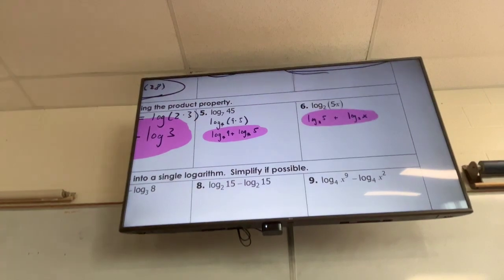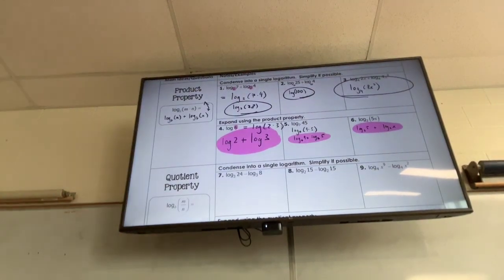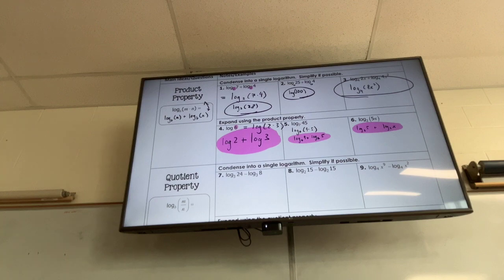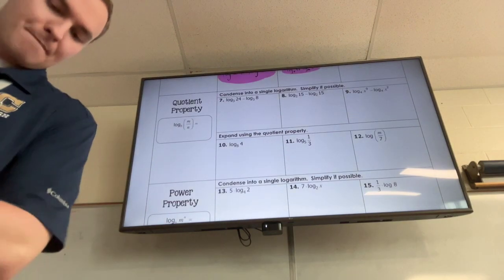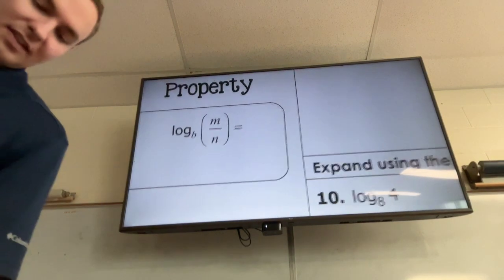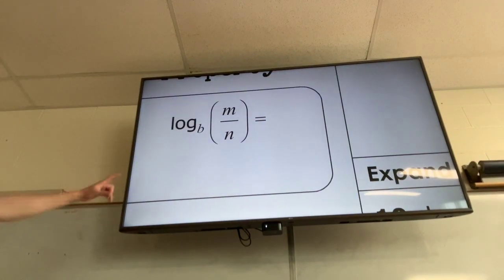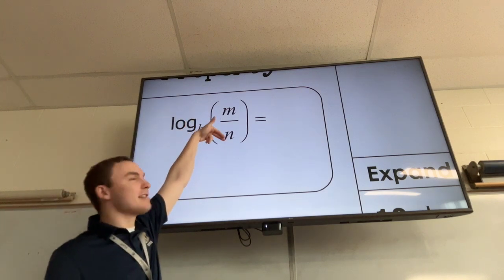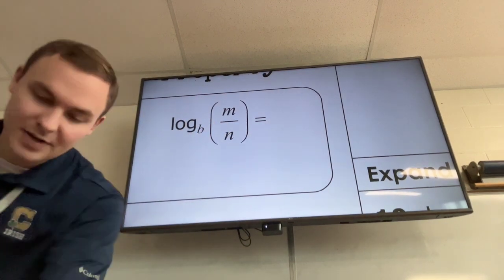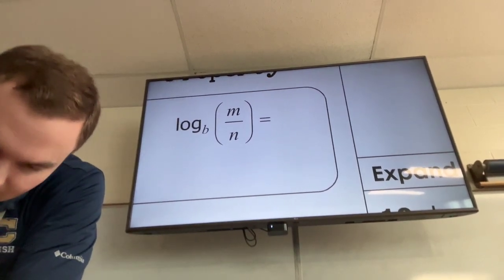All right, okay. Gonna do a little more condensing, okay? If we had more time, I would derive the quotient property for you. We don't have time. Well, we do have time, but it hasn't really worked out so far this year when I'm trying to derive things. So I'll just show you how to use it, okay? When you have a logarithm of a number divided by another number, that can split up into two different logarithms.